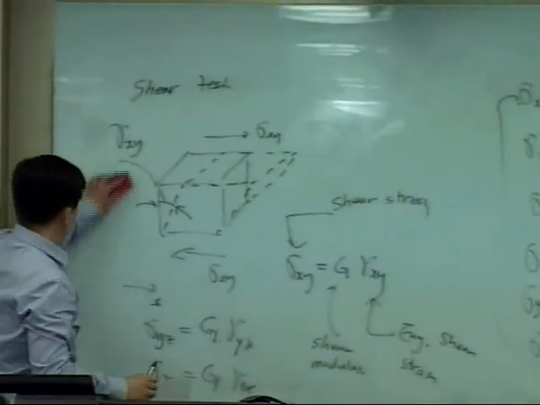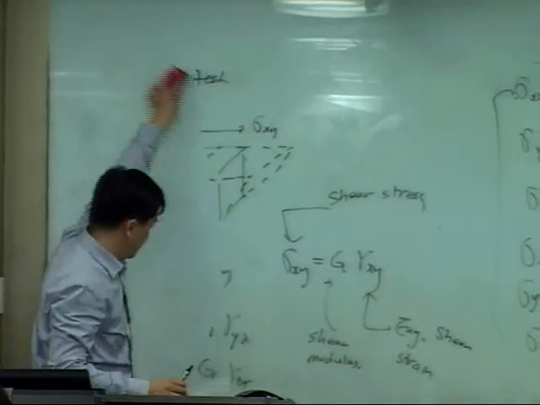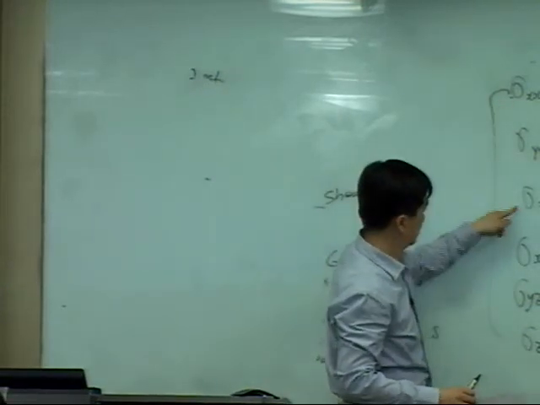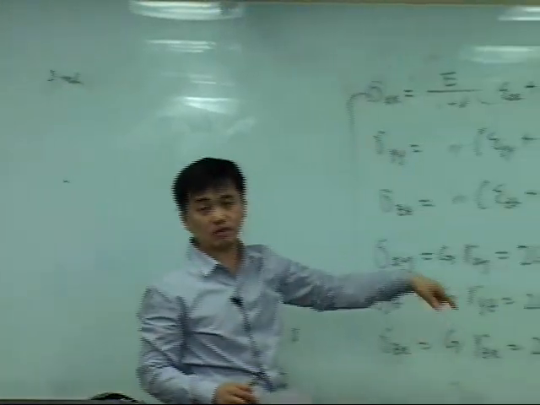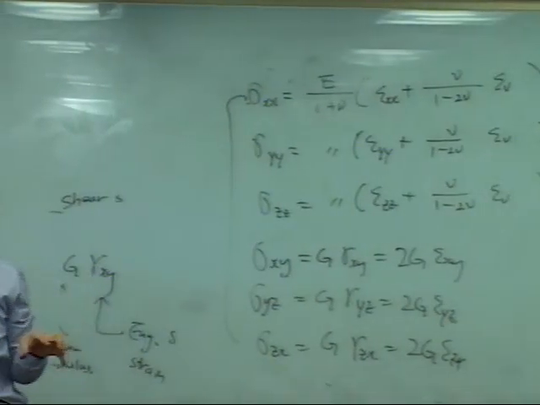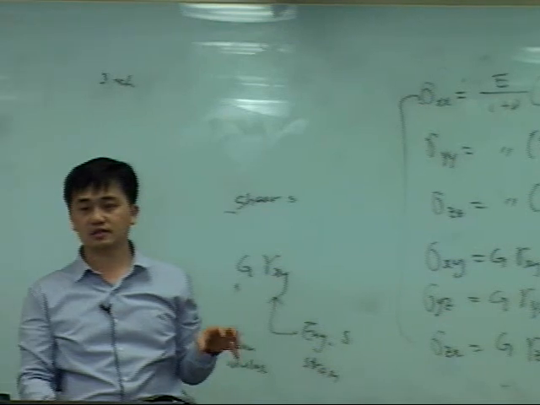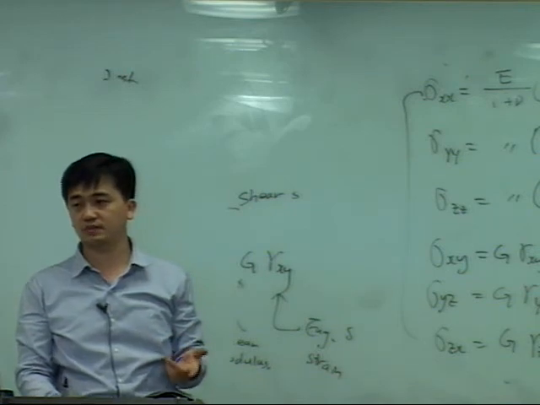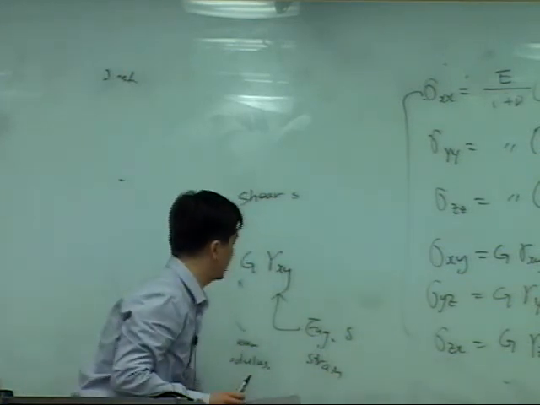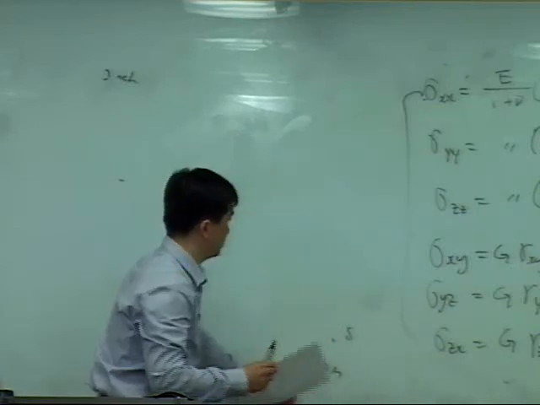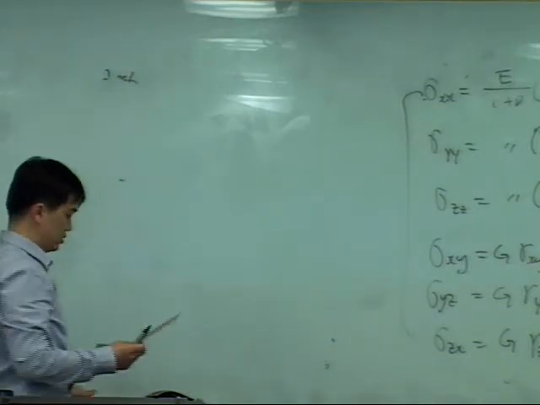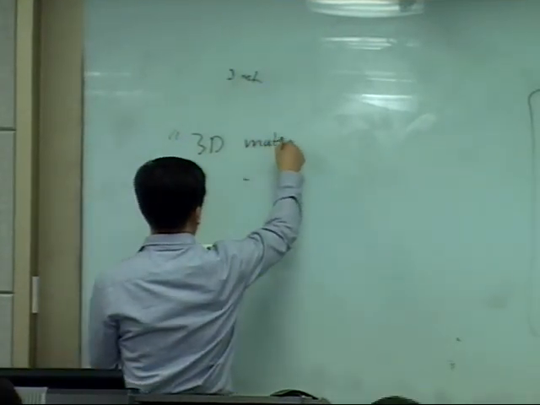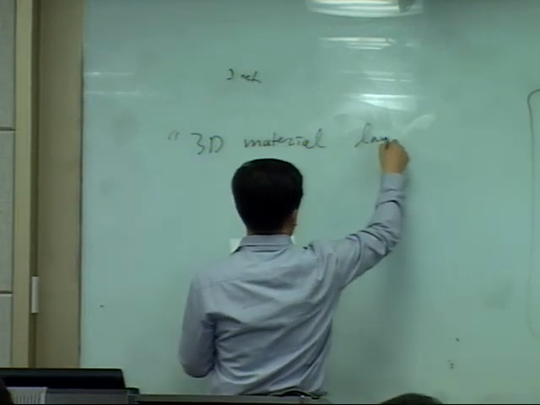For the 3D case, we have 6 independent stress components and 6 independent strain components, because the strain tensor and stress tensor are symmetric. Actually, each tensor has 9 components, but both are symmetric, so we only have 6 independent components for strain and stress. So this is the relationship between strain and stress, the 3D material law.